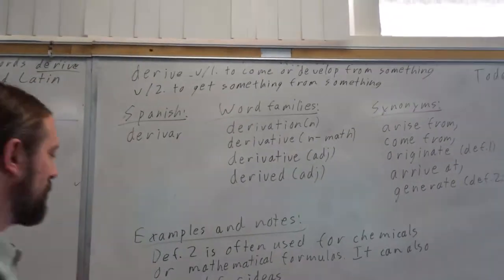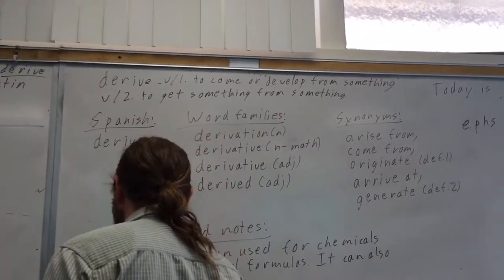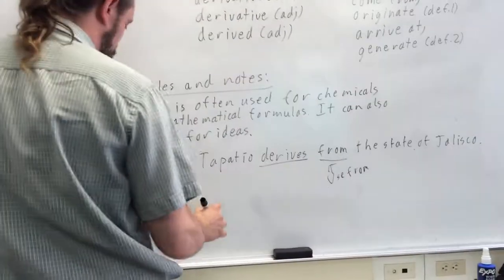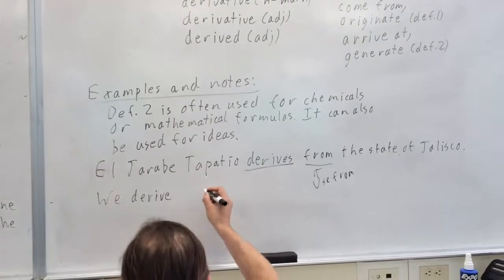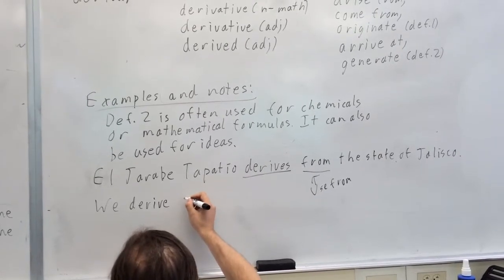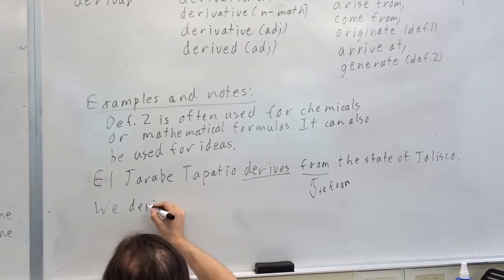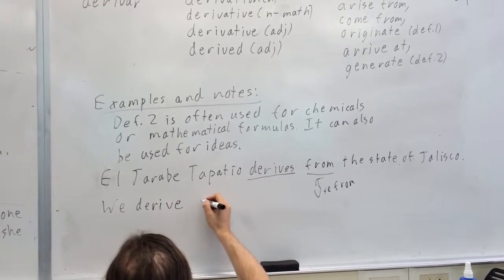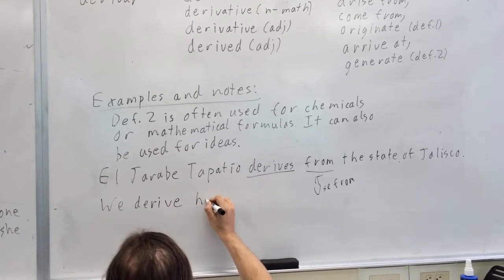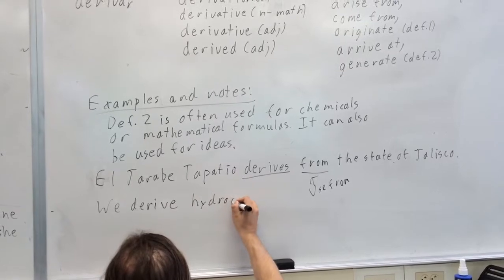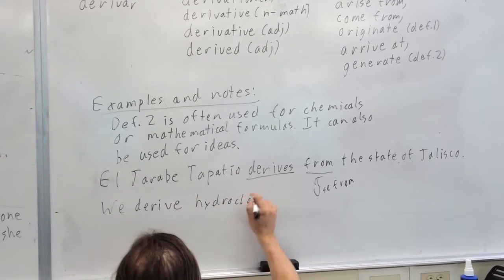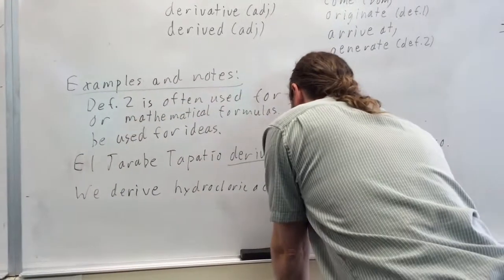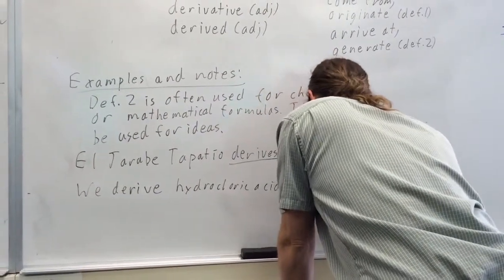We derive, sorry, that would be definition one. Definition two would be like, we derive, and that's an R and a V. We derive hydrochloric acid from, I don't know, hydrogen and chlorine.